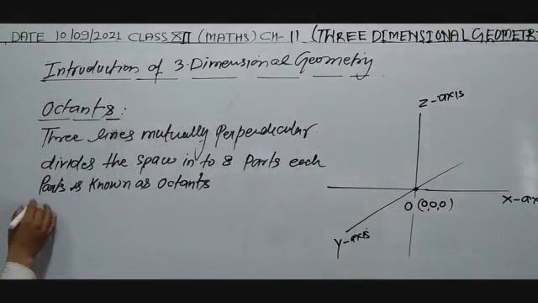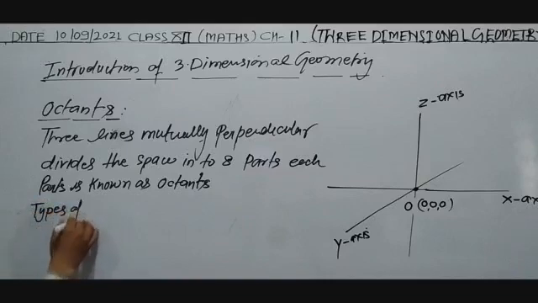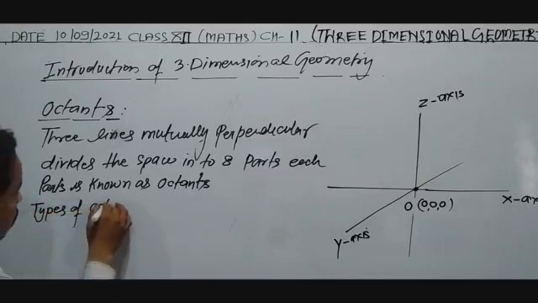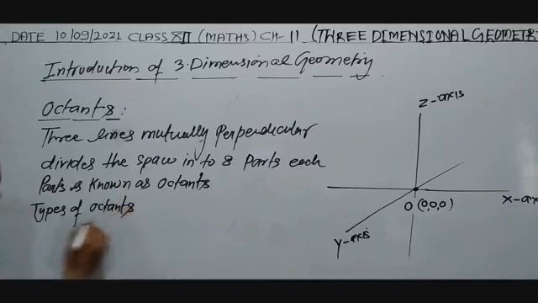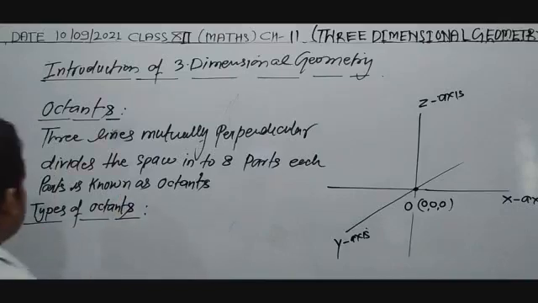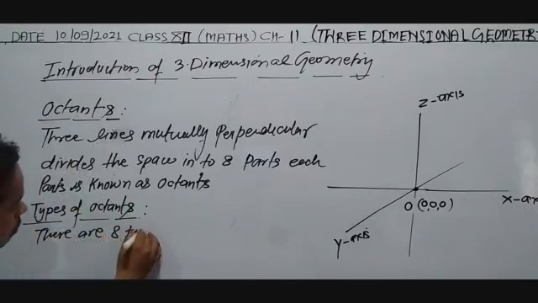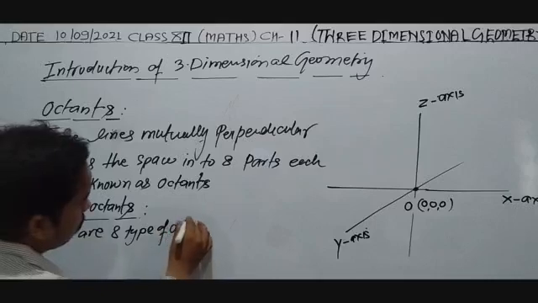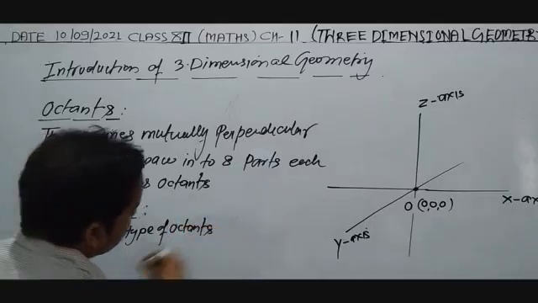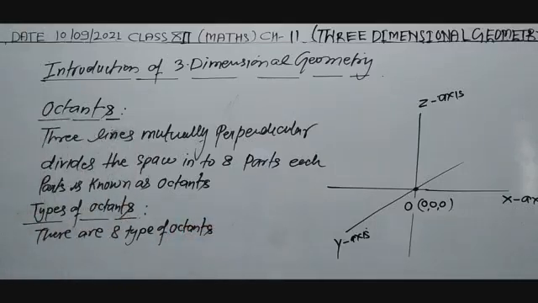The heading is types of octants. There are 8 types of octants.